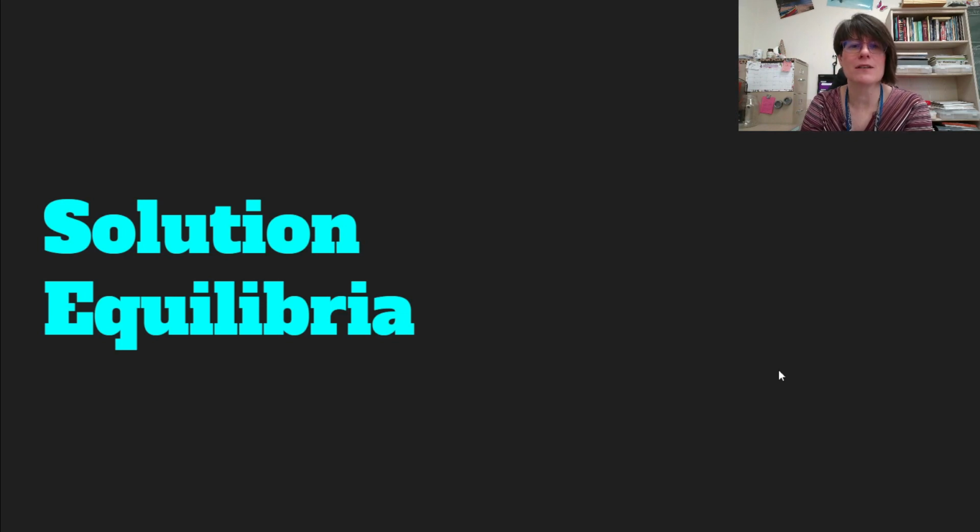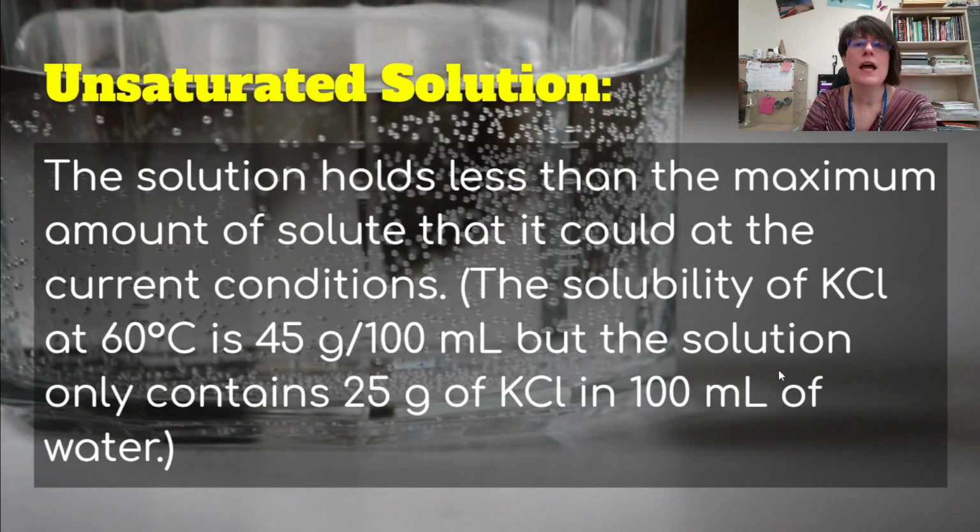So let's talk about our last topic, and that is solution equilibria. And when we talk about this, there are three types of solutions we're going to talk about. The first is an unsaturated solution. This means the solution holds less than the maximum amount of solute that it could at the current conditions. For example, the solubility of potassium chloride at 60 degrees Celsius is 45 grams per 100 milliliters.